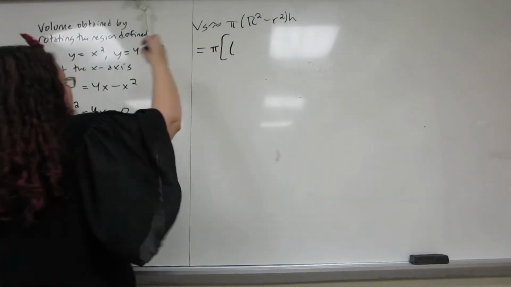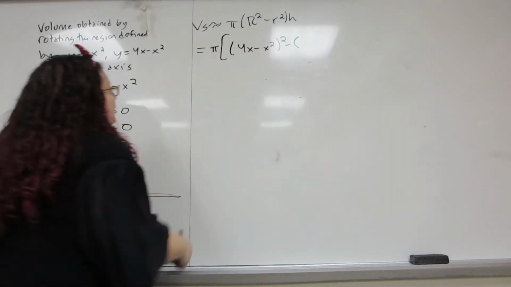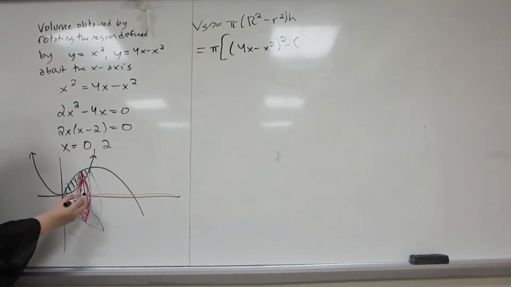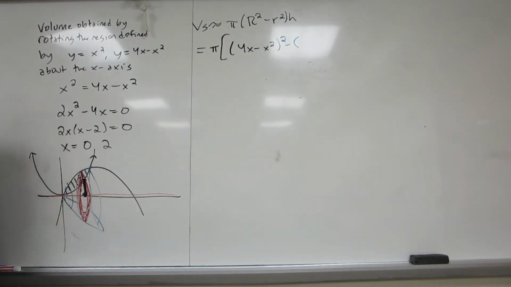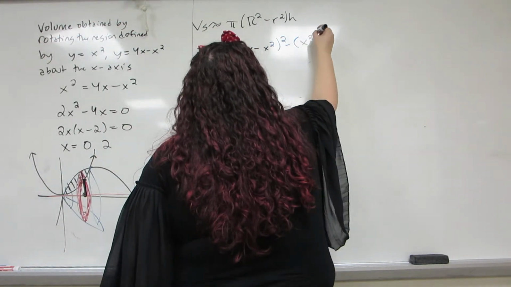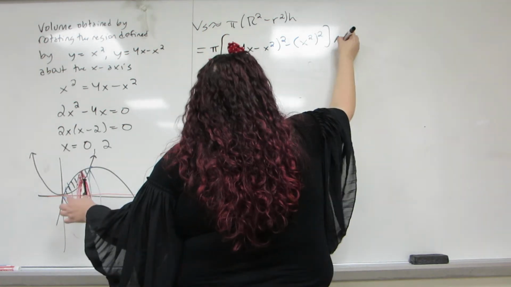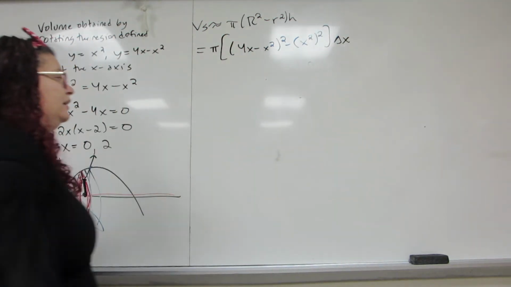So the y-coordinate of that curve is 4x minus x squared. Now for my second radius, I'm going to start at the center and this time only go up to the top of the hole. That also looks like a y-coordinate, but this time of my other parabola, which is y equals x squared. Once again, I was slicing in this manner, so my h is a little delta x.